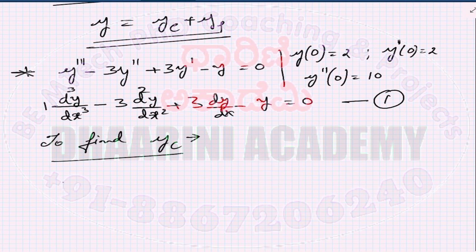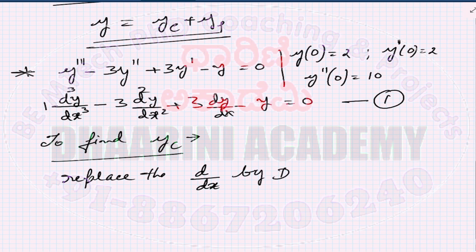The first step is to replace the d by dx by capital D. In the given equation, wherever I see d by dx, there is one over here, another over here, and another over here. Neglect the power, I'll consider it later. Replace each d by dx by capital D.